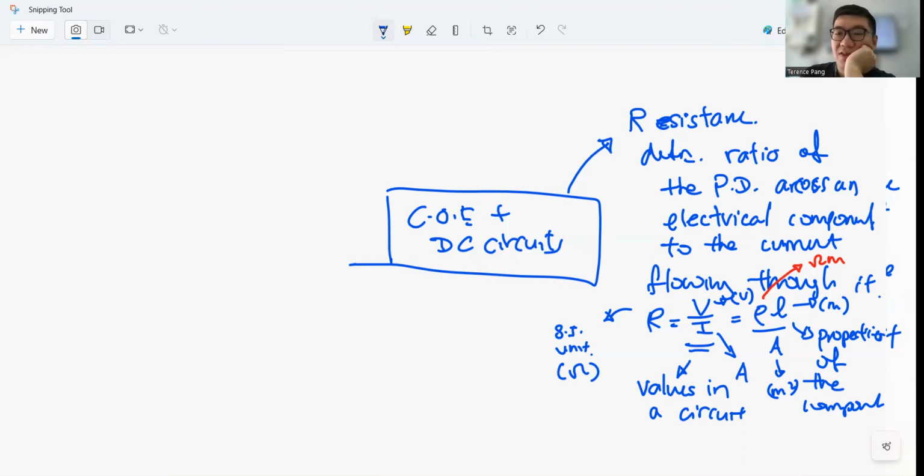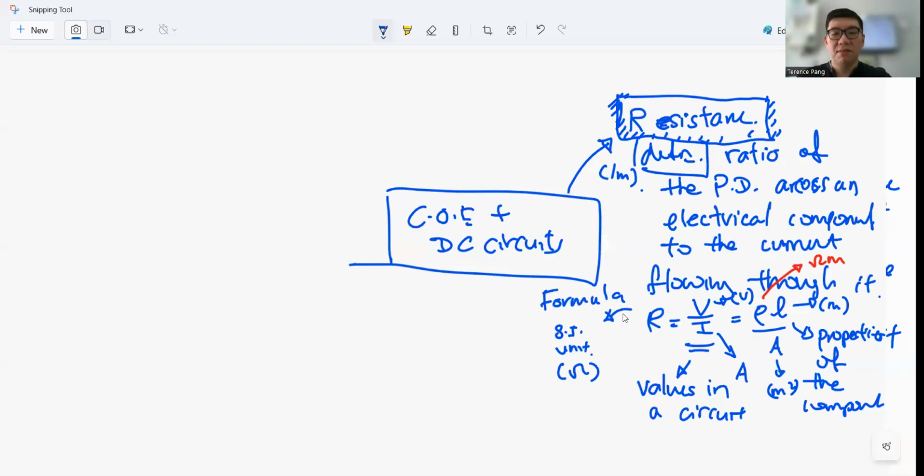Okay, essentials to resistance. The basics are. You can make your notes nicer, you know, decorate it a little bit if you want. Definition, a 1 mark question, put it here, then down here you can label it as formula.